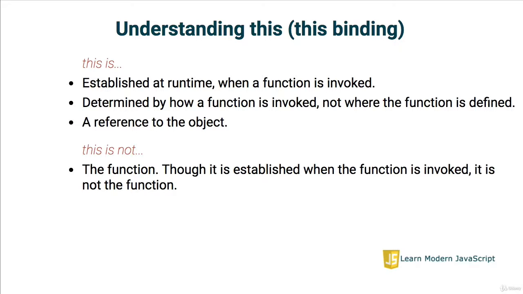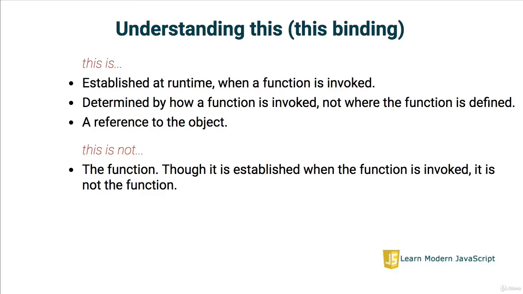What that object is is determined by how a function is invoked, not whether or not the function is associated with an object. Now, many times when a function is associated with an object, when it is an object method, the value of this is that object.